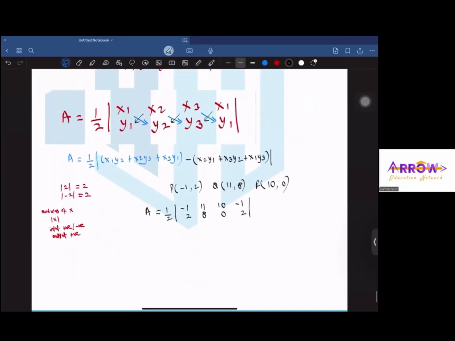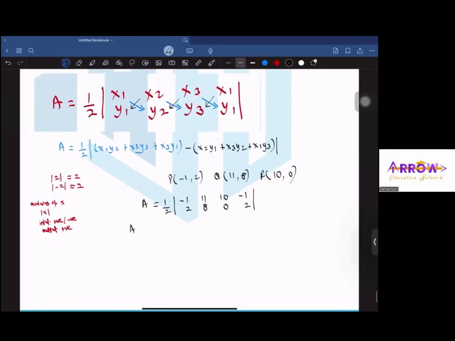Okay, so area is equal to half multiplied by the absolute value function sign, meaning the modulus sign. So first of all, we have minus 1 times 8 plus 11 times 0 plus 10 times 2. This zigzag pattern. Okay, so minus 8 plus 0 plus 20.